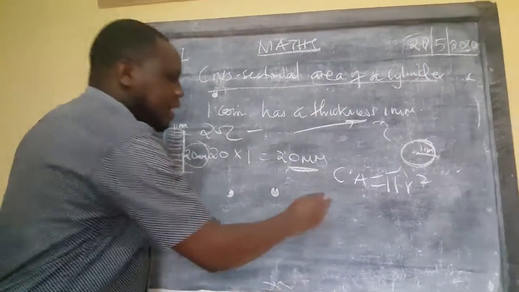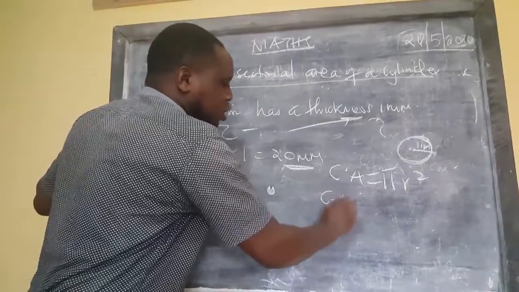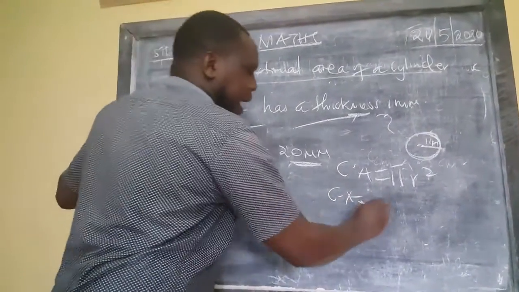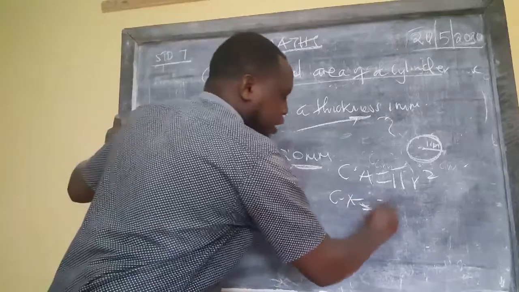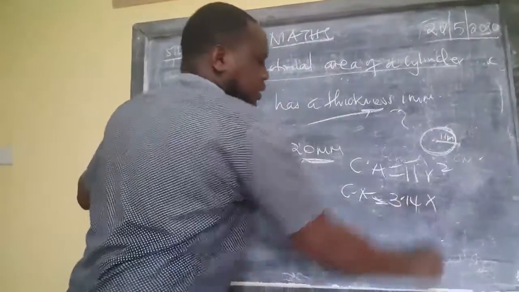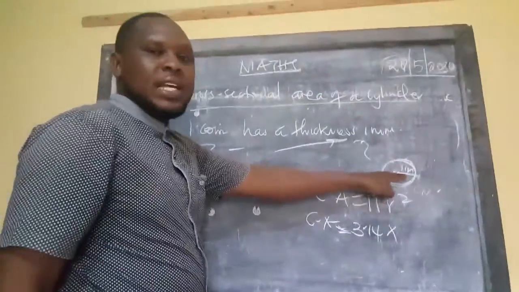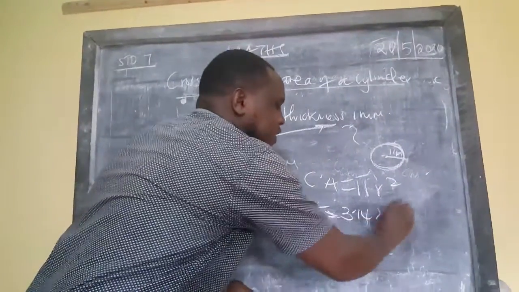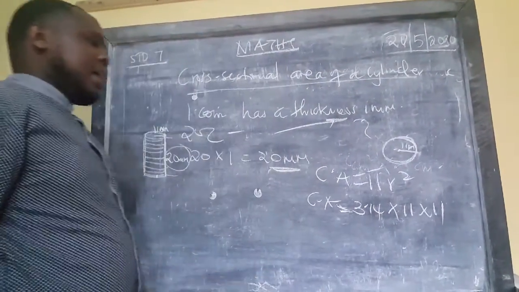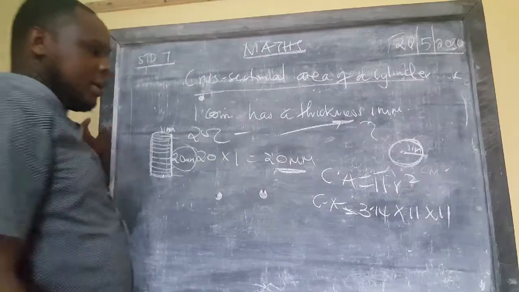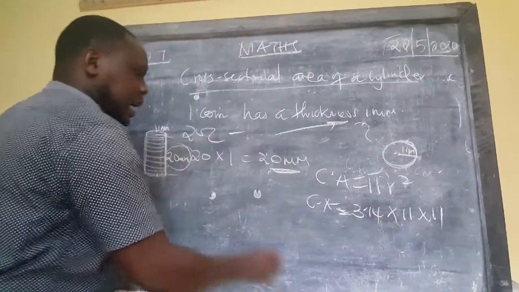In our case, the cross-sectional area is going to be pi, I'm going to use 3.14, times the radius squared. What's the radius? 11. So radius squared means 11 times 11, which is 121.